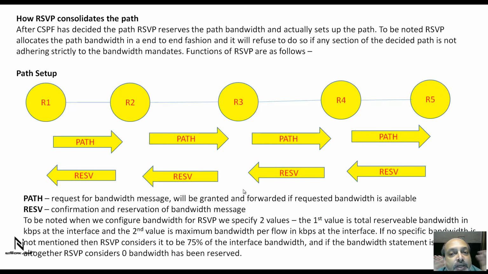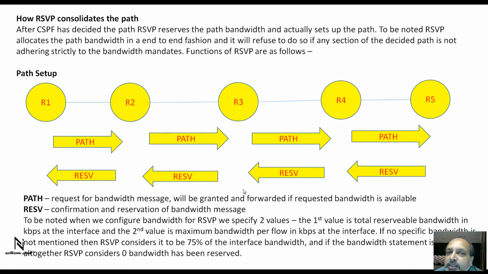Now CSPF will decide, or rather prescribe, certain ERO or explicit route objects through which a particular path can be made, right? Now the actual path needs to be established.